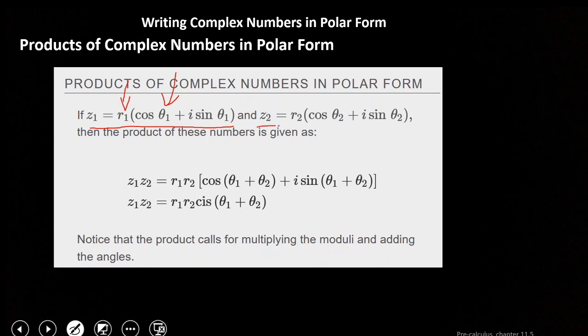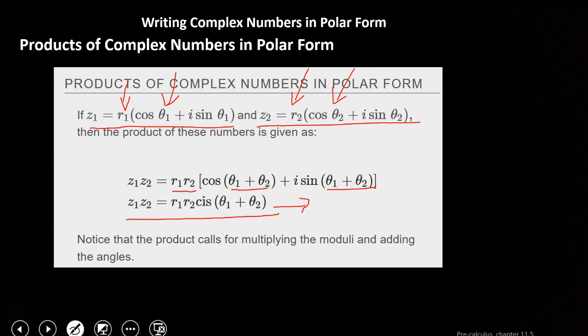And then this complex number has modulus r2, and the angle is theta 2. Now, to multiply two complex numbers in polar form is really easy. All you have to do is multiply the moduli, modulus times modulus, and then add the angles, and that's it. You get a new complex number in polar form. Then you can convert it to rectangular if you want to, but that's how you do it.